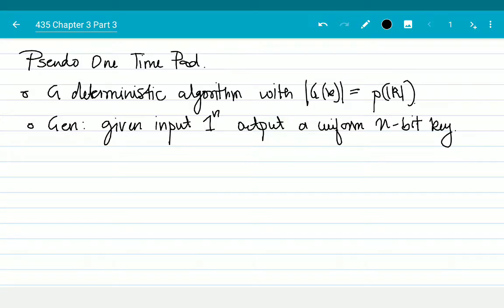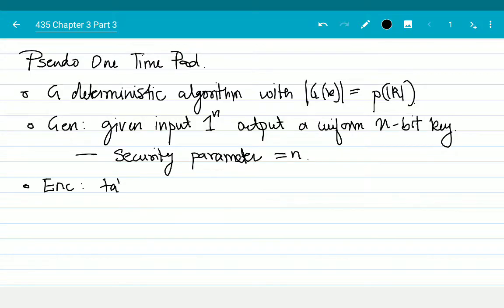Now, what did we do with this n-bit key? Well, the length of the n-bit key, which is n, is our security parameter. What did encryption do?